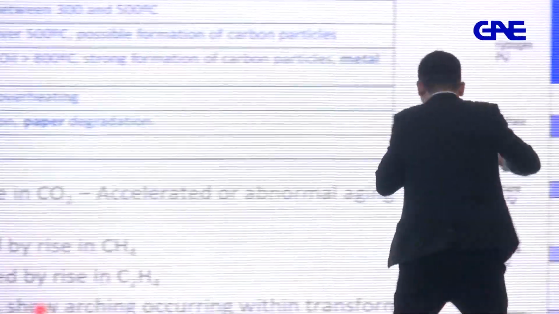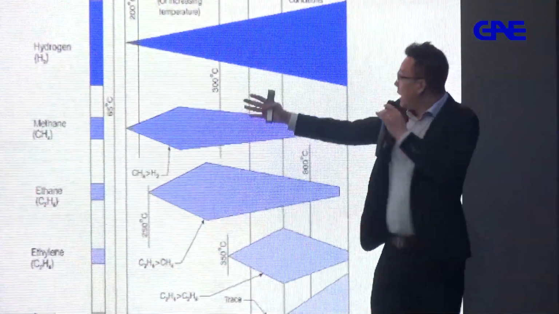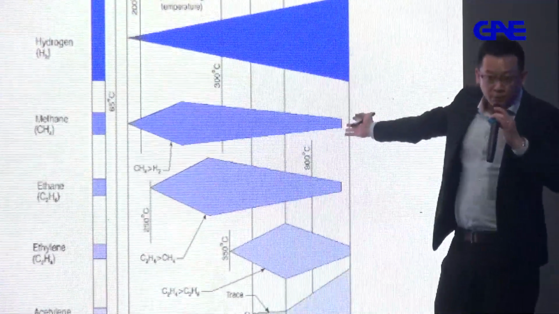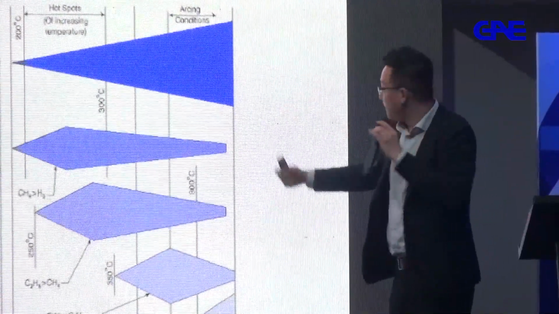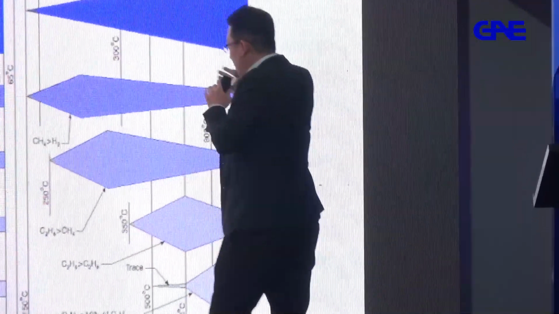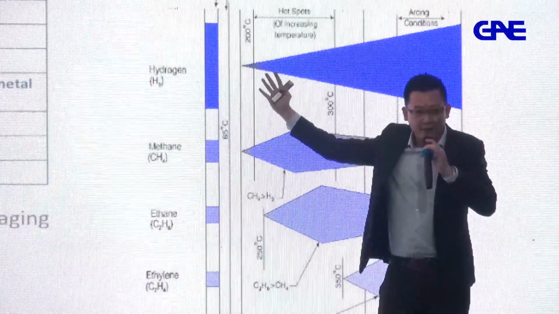Then this is the diagram where you see all the gases, at what temperature, how much is being produced, when we talk about oil decomposition versus temperature. So of course, at normal working temperature, you definitely have hydrogen. It's just how high is the hydrogen?